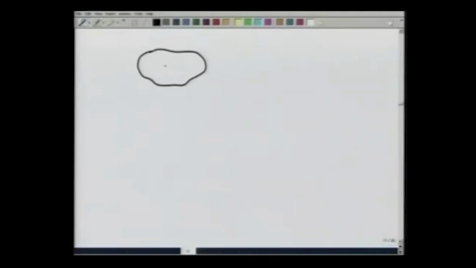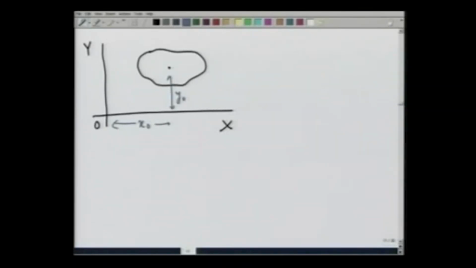an area with the centroid with respect to a given set of axes x and y with origin at O, such that the coordinates of its centroid are x0 and y0.